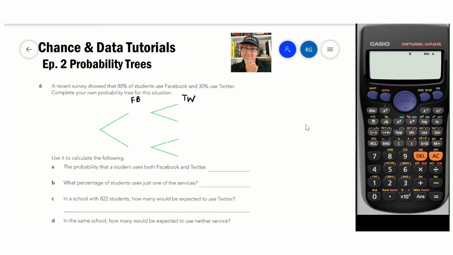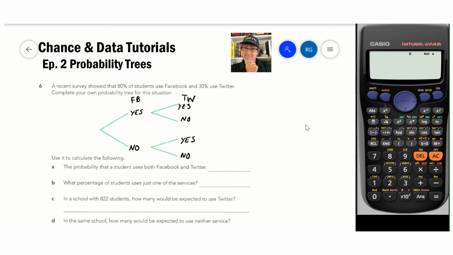And then we're going to put in some probabilities for different outcomes. So let's call this yes for Facebook, and this no. Same over here. We'll have a yes here and a no here, and a yes here and a no here.